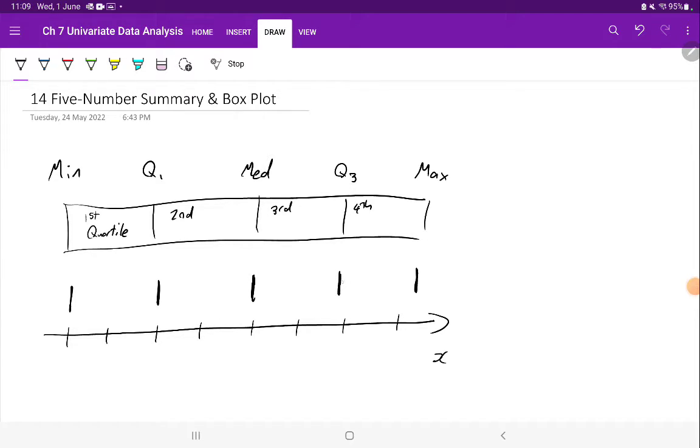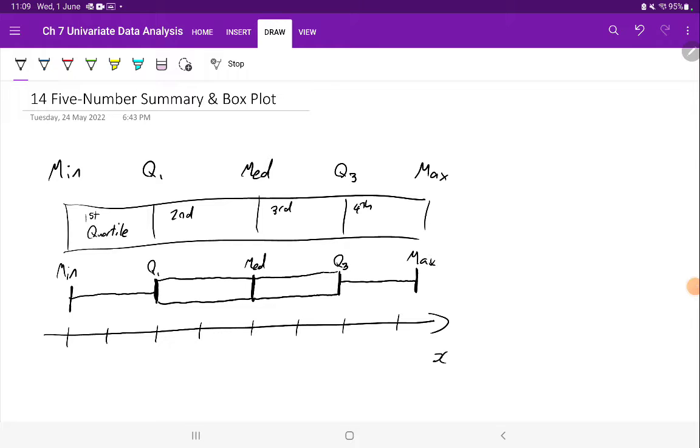Now we connect the first line to the second line with a horizontal line going straight through the middle, and then the box, those are the whiskers, the box is connected like so. So we have a box which joins Q1 to Q3, and then we have the max and the minimum off to the sides. So min, Q1, median, Q3, and max.